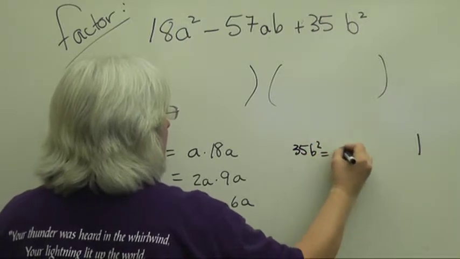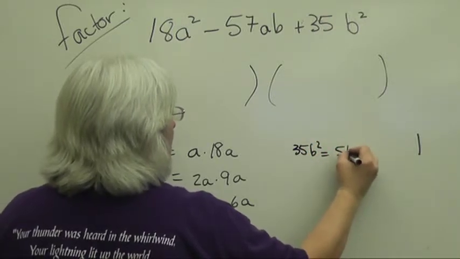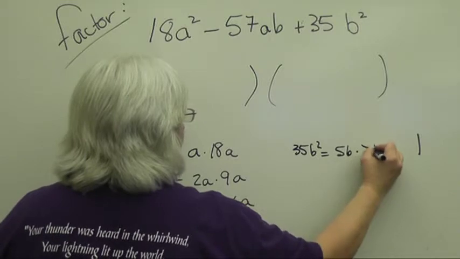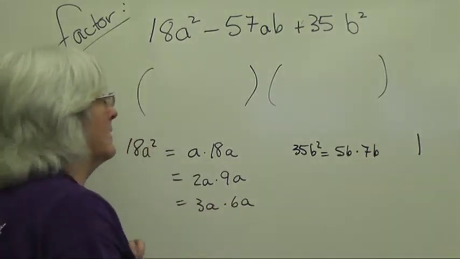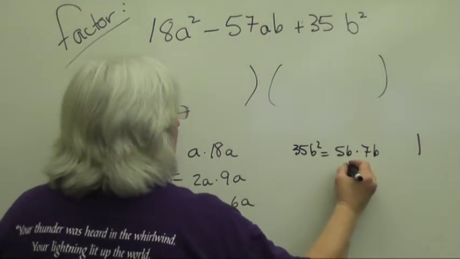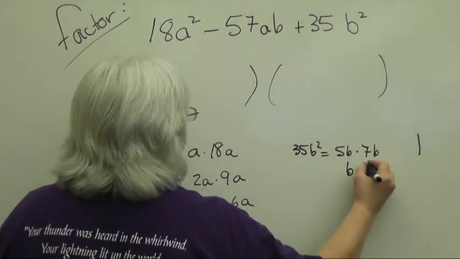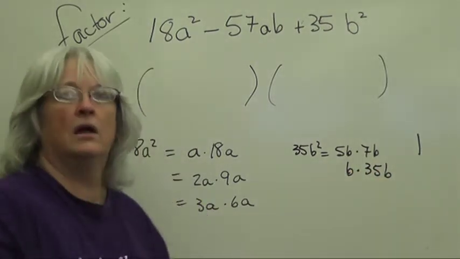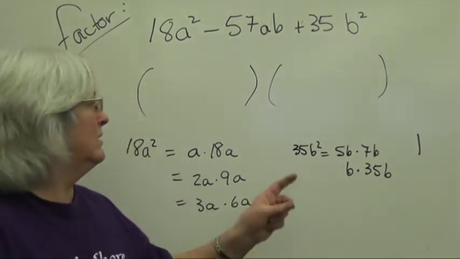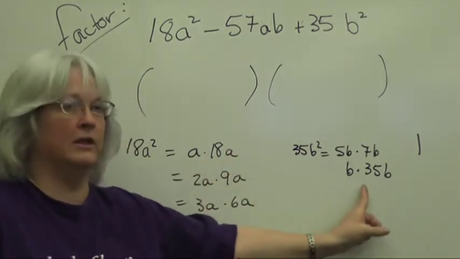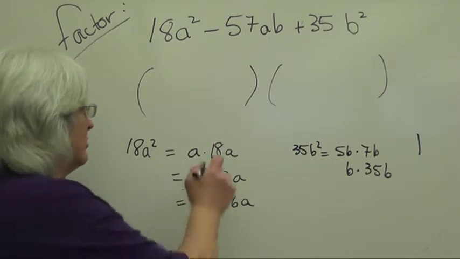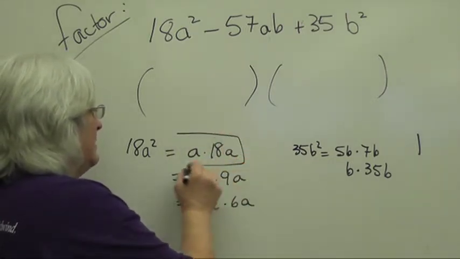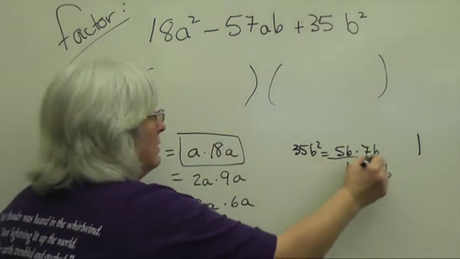b squared, that can be 5b times 7b. Or it can be b times 35b. Now, it's not the most common thing for the larger factors where you just have the number times 1.